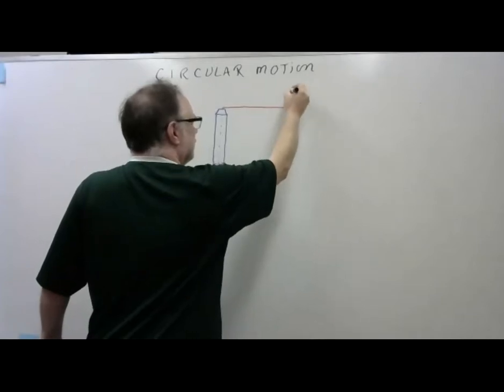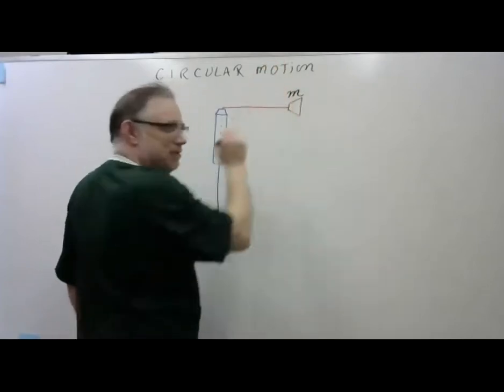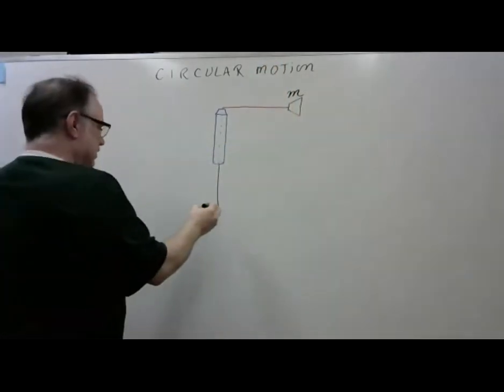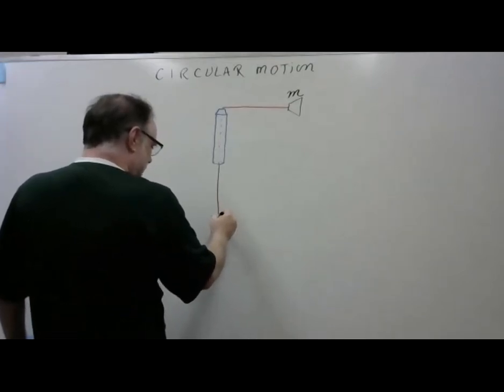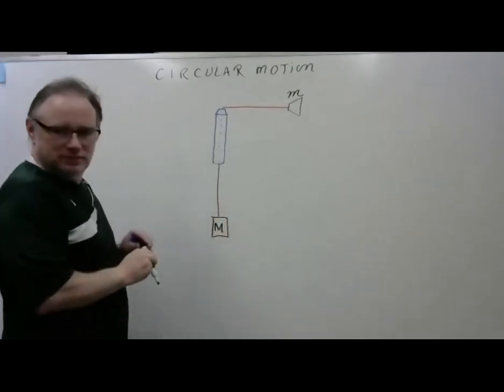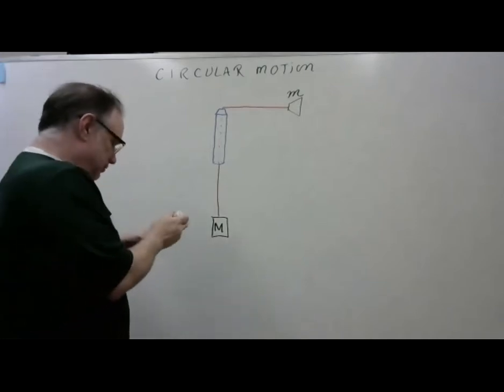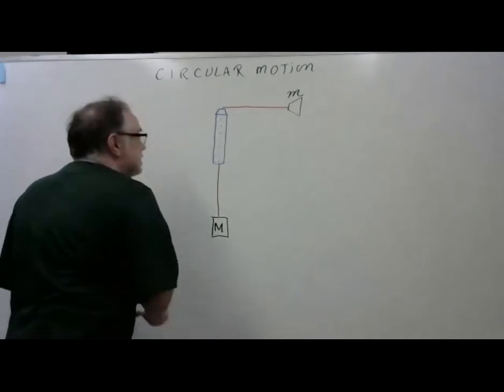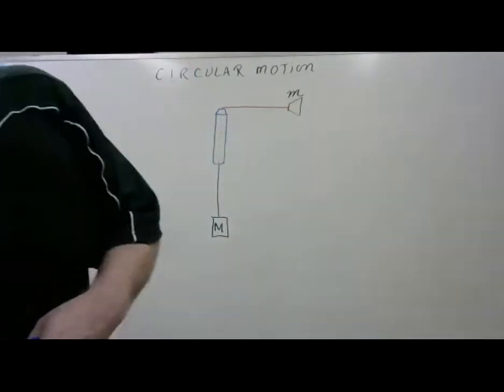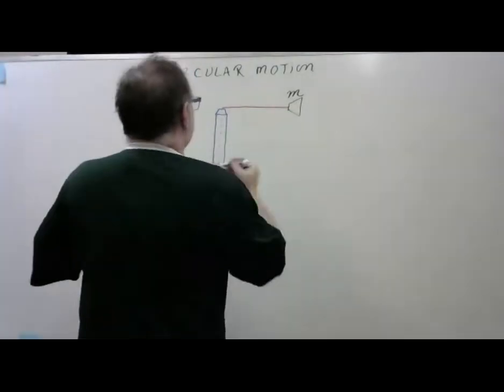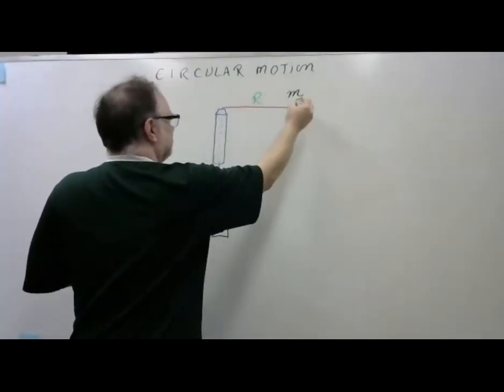And we have to be careful here. The cork's mass is indicated by lowercase letter m. And down here we're going to hang a weight, which will be capital letter M. We will be swinging this around a circle of radius capital R.